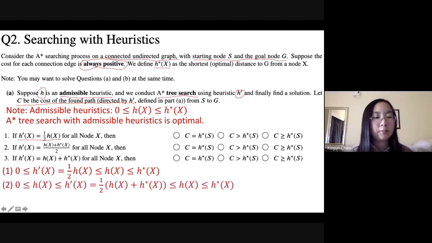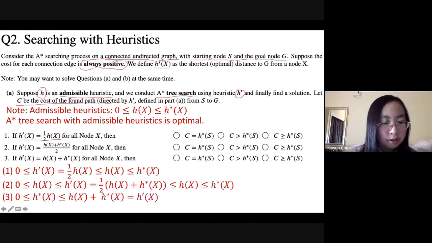Similarly, because we know that H is always no greater than H star, when H prime is the average of H and H star, we know that it is also guaranteed to be no greater than H star.